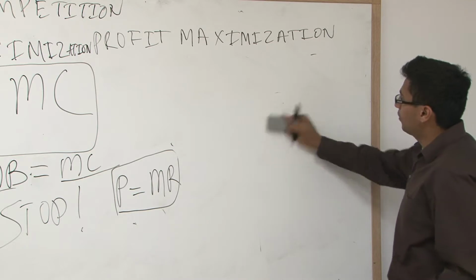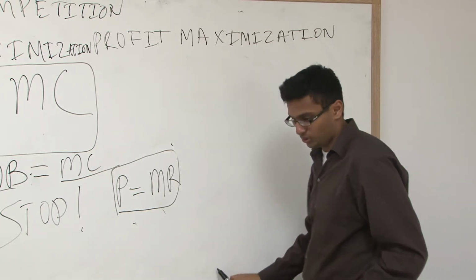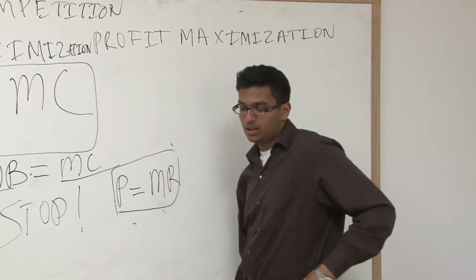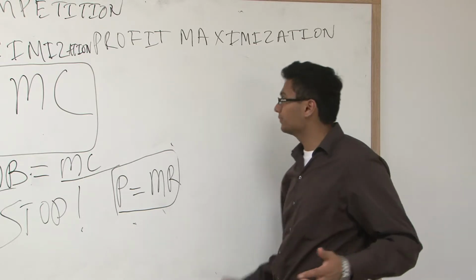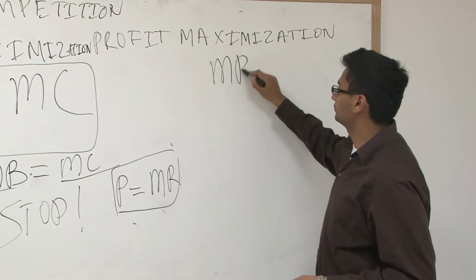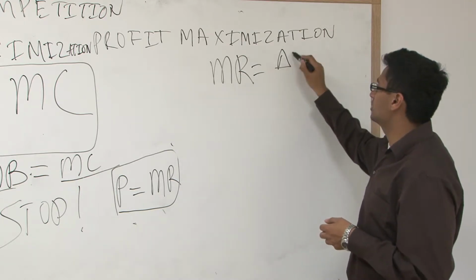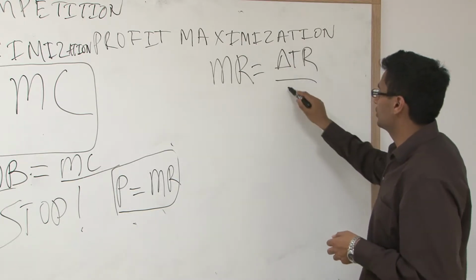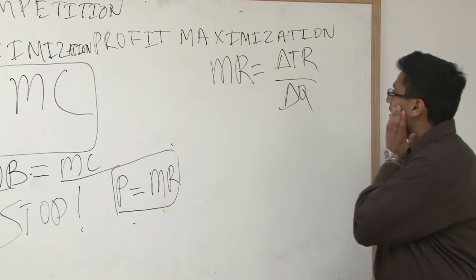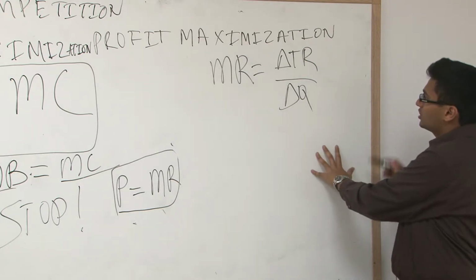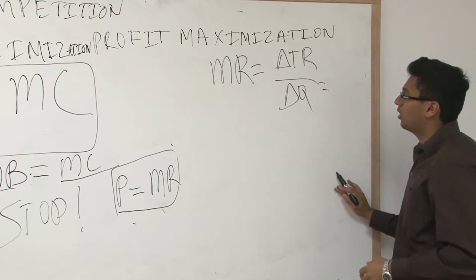Let's go over your formula for marginal revenue. Hopefully people remember that. Your marginal revenue, MR, is equivalent to your change in total revenue over the change in quantity. So what is delta TR?